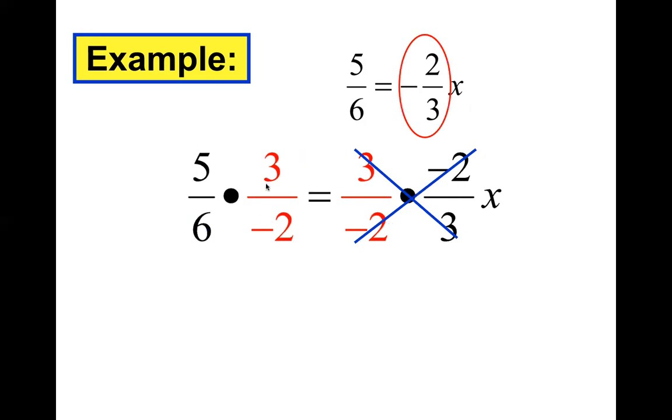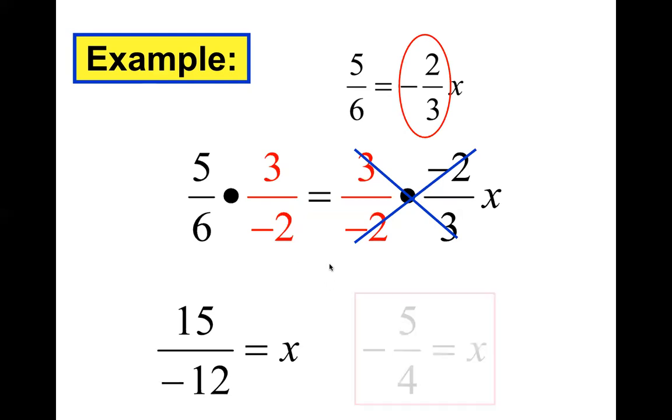Now for the other side, you're going to have to simplify this, and you get 5/6 times 3 over -2 equals 15 over -12 equals x. You can actually reduce this fraction by a factor of 3, and that would give you -5/4 equals x.